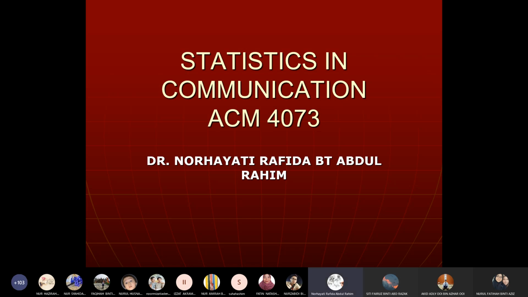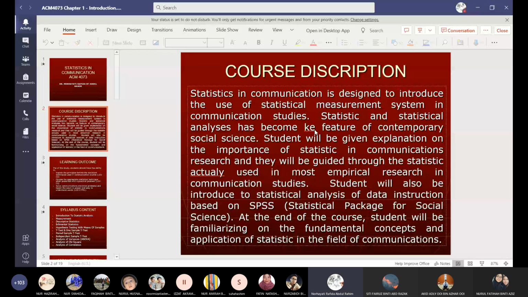Statistics and statistical analysis have become key features of contemporary social science. Key features means that it becomes very popular, or I would say one of the important measurements used by almost every area under social sciences.